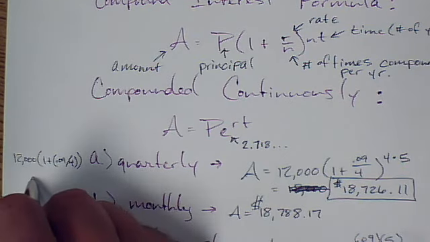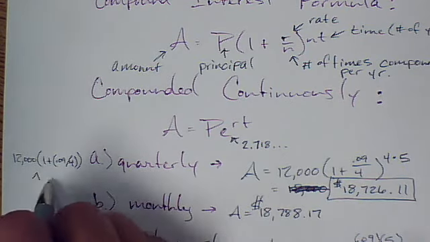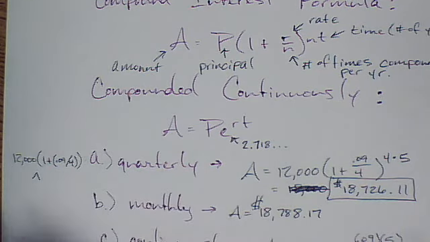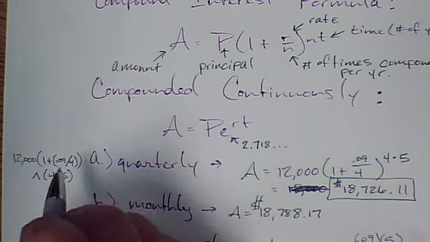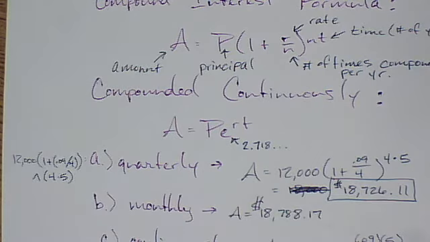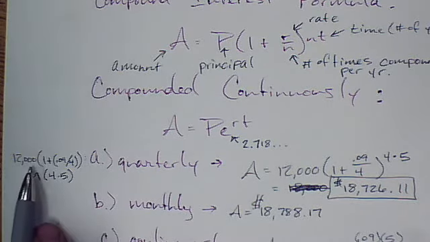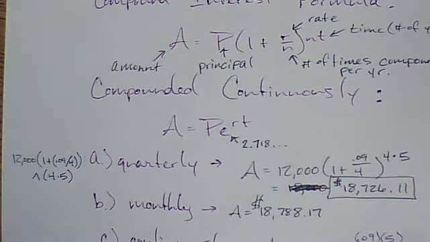And then you could use the little caret after that. The caret, open parentheses again, then 4 times 5. So if you're not getting the same numbers that I am, that's how you want to plug it in.